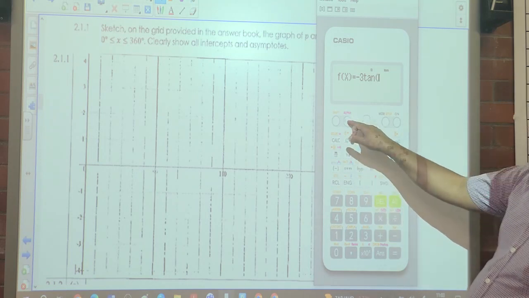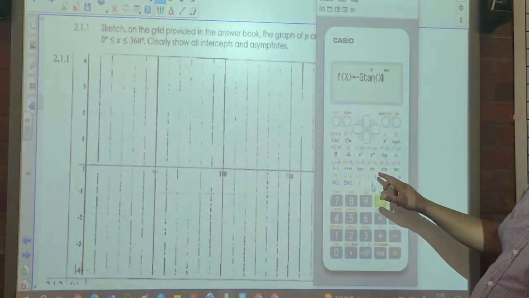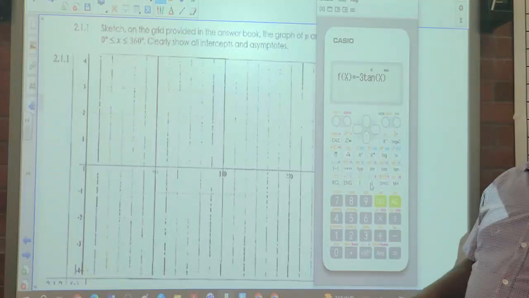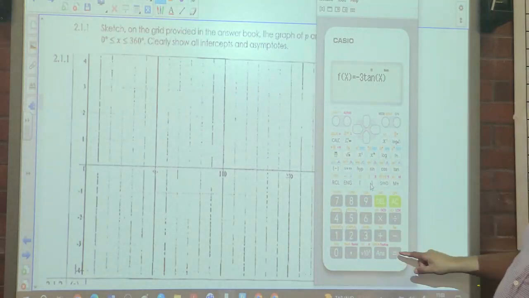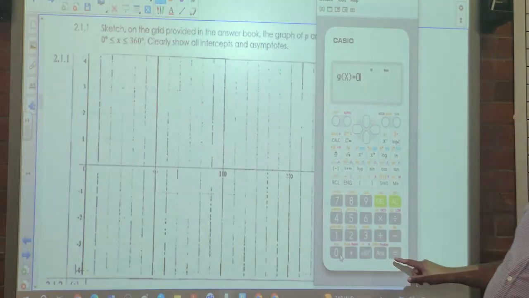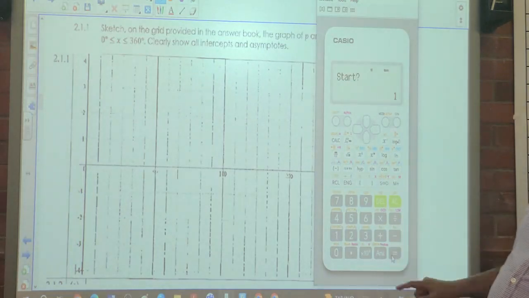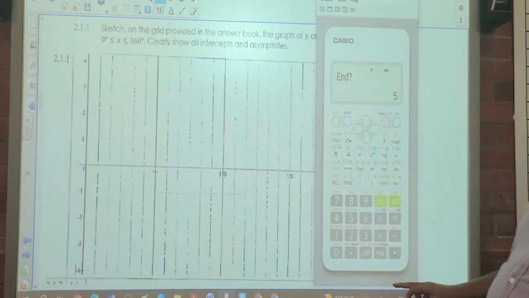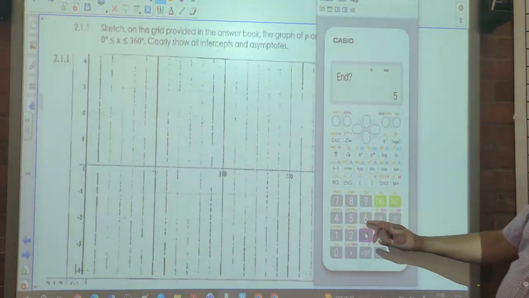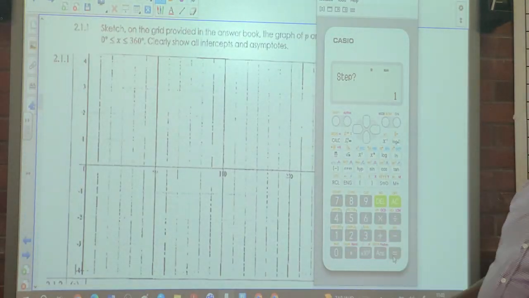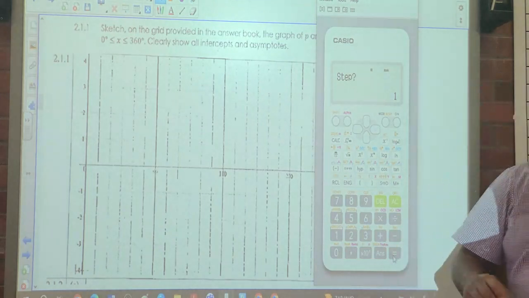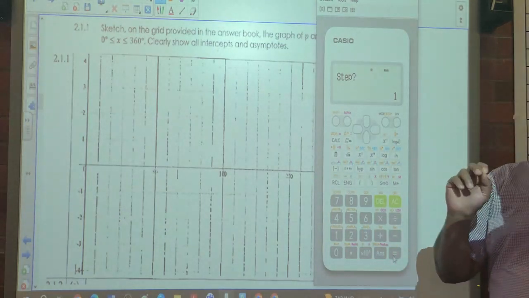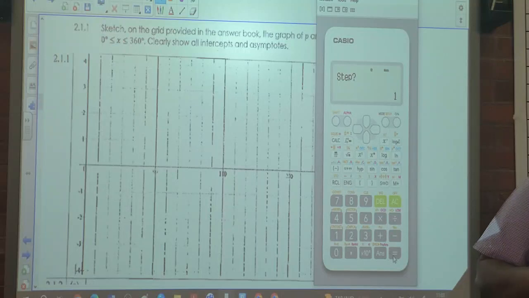Yes. So you press alpha. Okay. So we're drawing the graph from 0, and for g of x you just press equal to, because I only want to draw one graph, I don't want to confuse you. You start at 0 and you want to end at 360. Okay. So the steps on the graph: for your sine graph, your steps is 90. For your tan graph, your steps is 45.